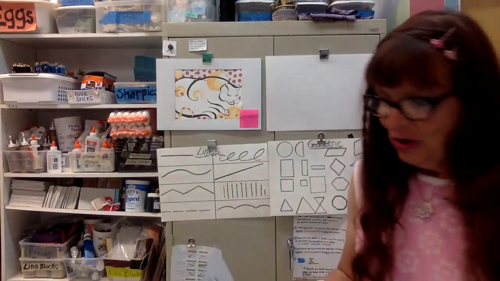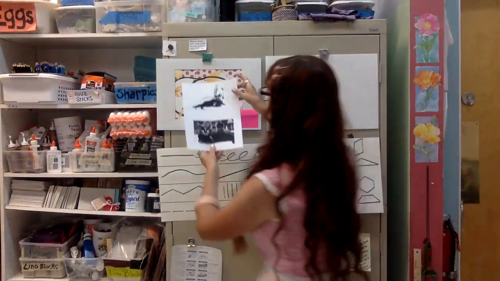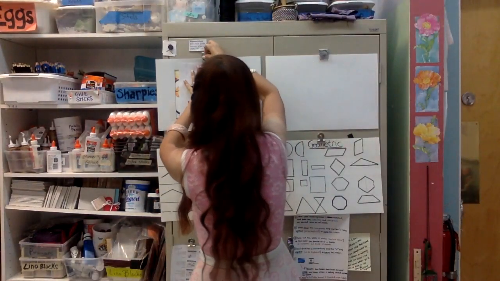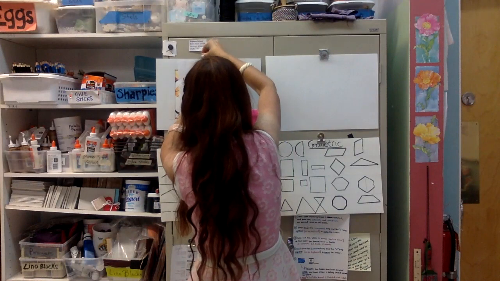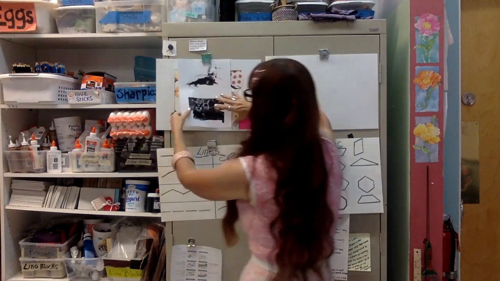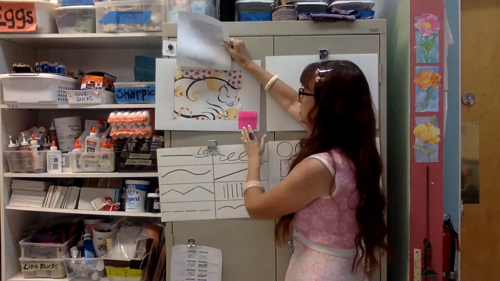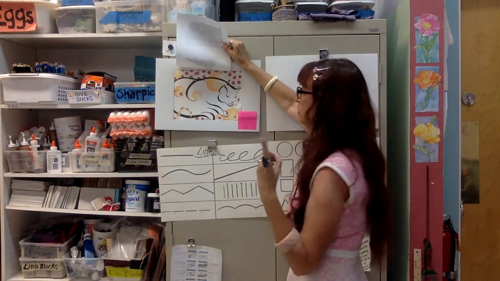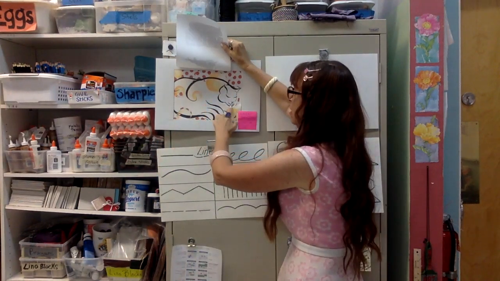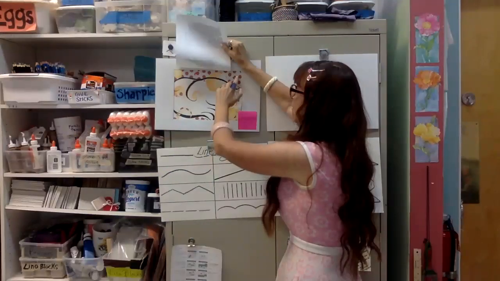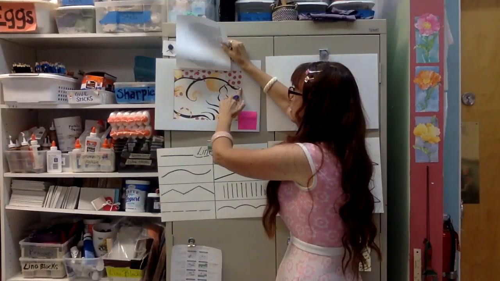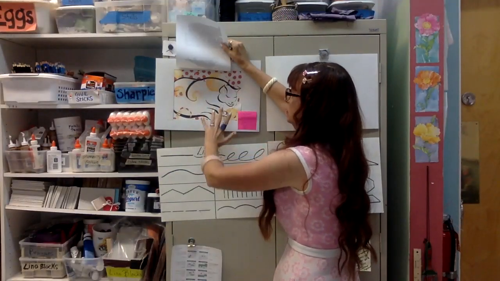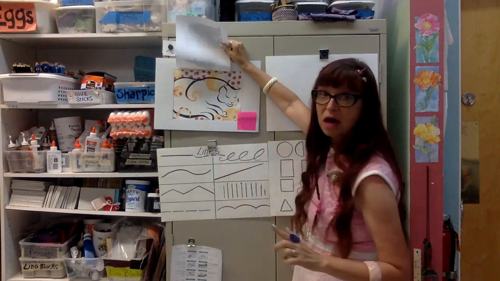All right, so I have my image of my cat that I'm going to be working from. And in my art project, I used a pencil first and then a black marker. And then I cut out some scrap papers in the background and collaged them.